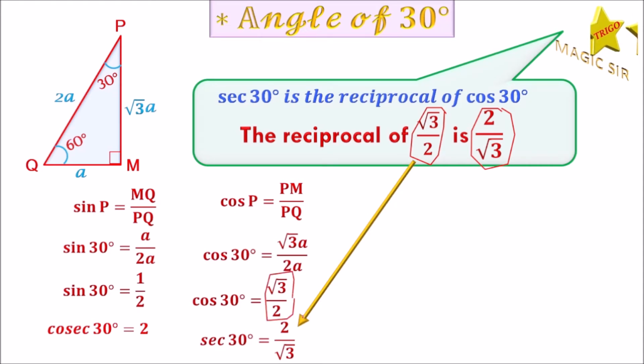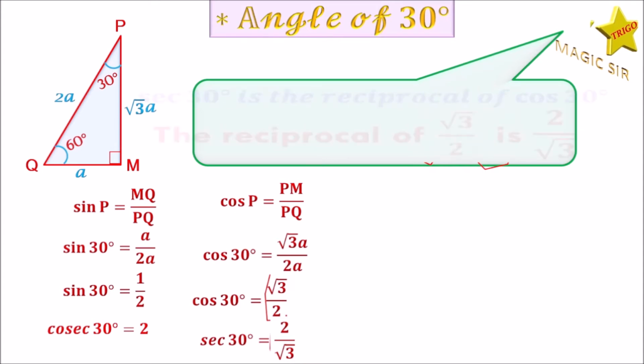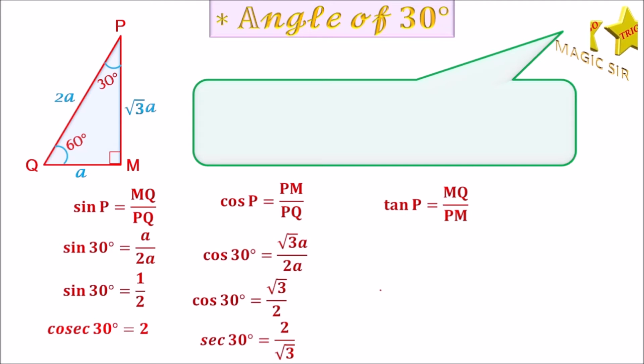Hence we have sec 30 is equal to 2 upon root 3.